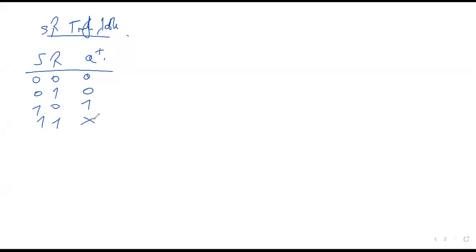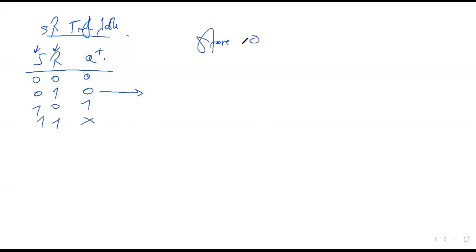From this truth table, we can see that if we want to store a 0, this is how we store a 0. My inputs S and R become 0 and 1 respectively.